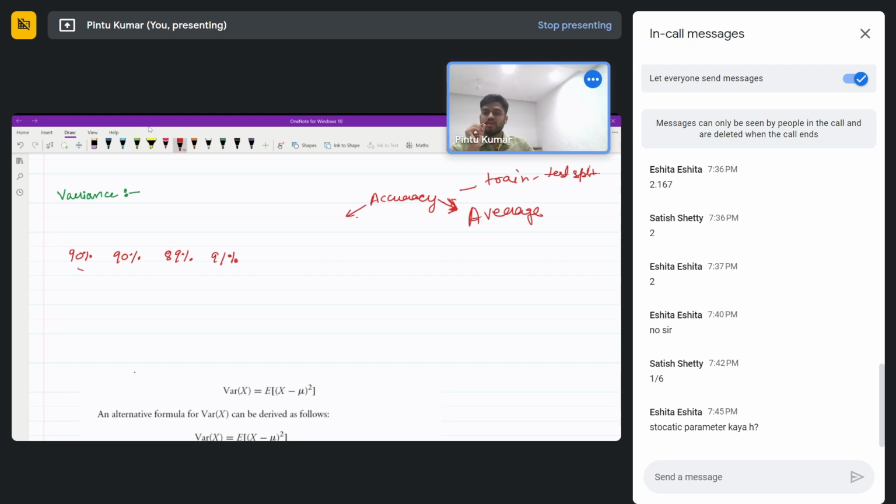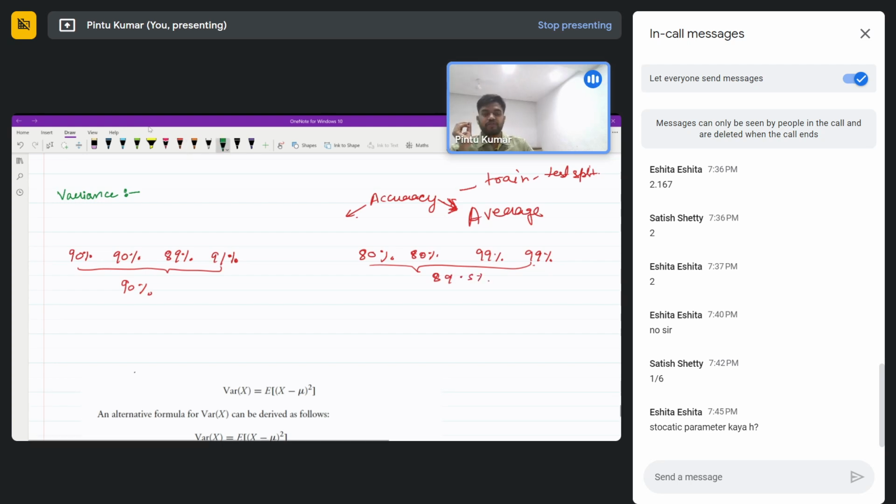So if you look at this model, then the average gets you to the 90%. Another time when you trained, you got an accuracy of 80%, again you got 80%, you got, let's say, 99%, and again you got 99%. So now if you look at this accuracy, it would also be something around 89.5%.